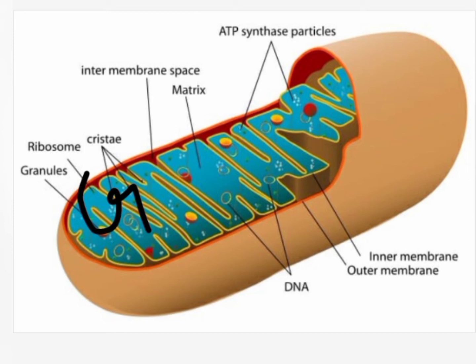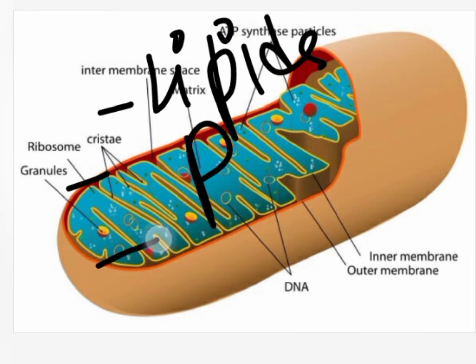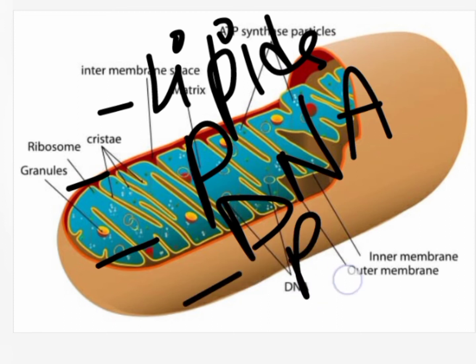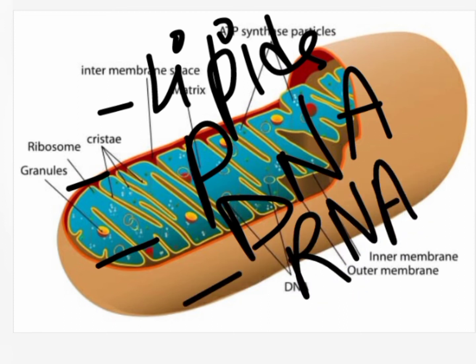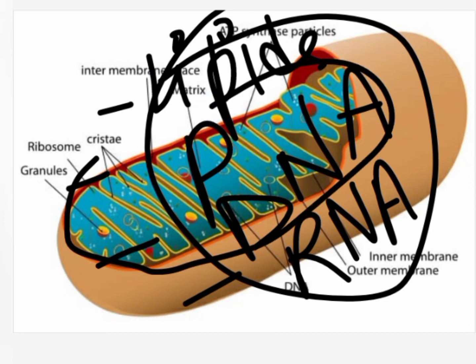Lipids means fats. So we have lipids, proteins, DNA, and RNA, all present inside this fluid mitochondrial matrix.